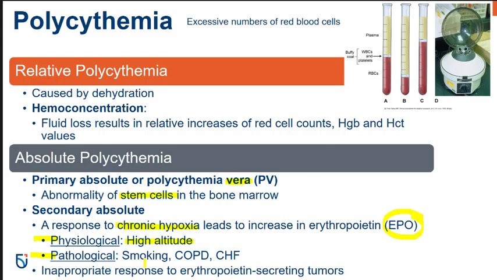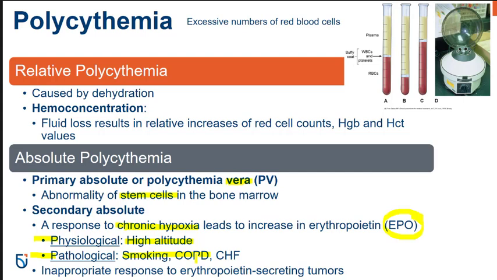Pathologic, though, 3 great examples include smoking, chronic obstructive pulmonary disease, and congestive heart failure. These 2 are big ones. If somebody smokes, there's carbon monoxide present in smoke. When you smoke, the carbon monoxide is breathed in, and carbon monoxide will attach to hemoglobin, taking up oxygen spots, meaning that there's less available spots for oxygen because carbon monoxide is taking their place.